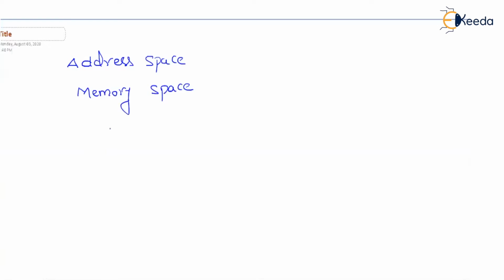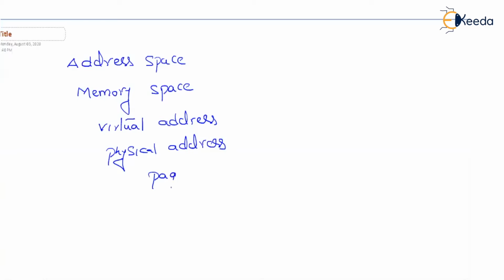And the third one is virtual address. Fourth one is physical address. Next one is a page. And the next one is a block. And the final one is something called a page frame.